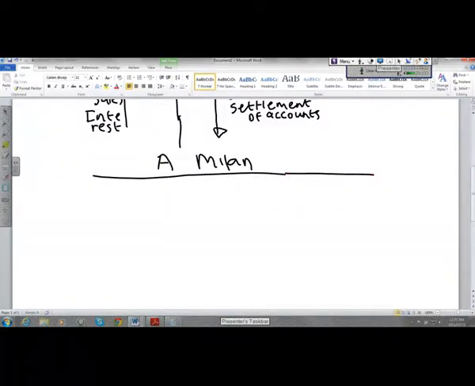We're going to have date, details, debit. Remember that debit increases the asset. Then we have credit, and balance.